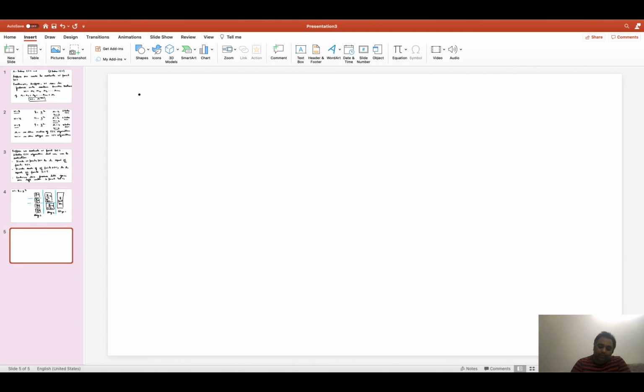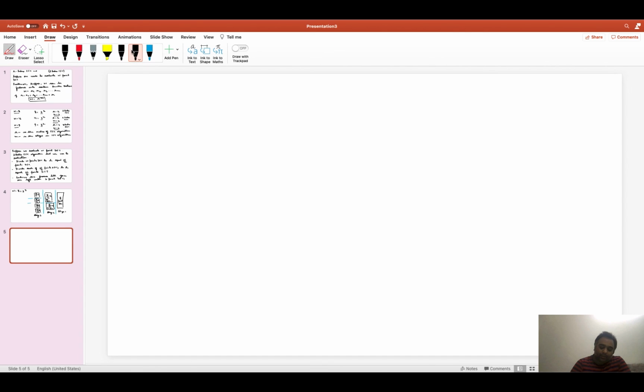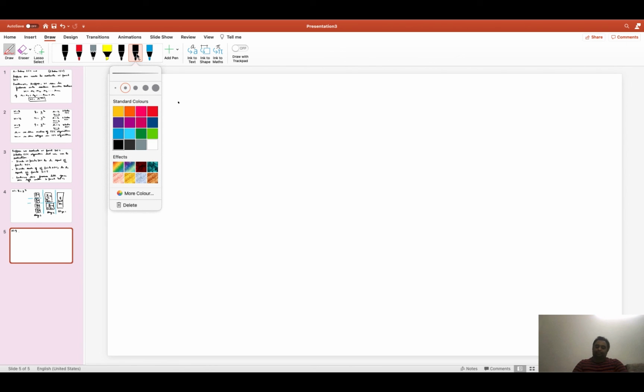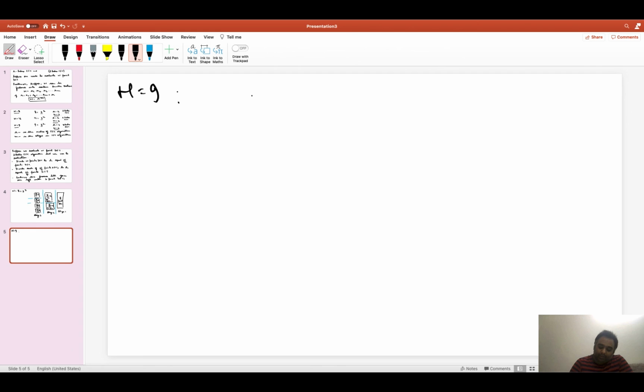Suppose we had N equal to 9. Then I can write 9 as 3 to the power 2.